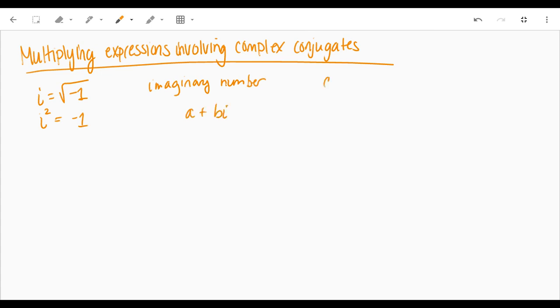Okay, complex conjugates, it's called a complex number also. Actually, I'm going to write, it's not really imaginary. The bi part is, but we'll do complex numbers. Okay, so complex conjugates are pairs, a plus or minus bi. And when you multiply complex conjugates together, we get a real number, as long as they're complex conjugates like that.